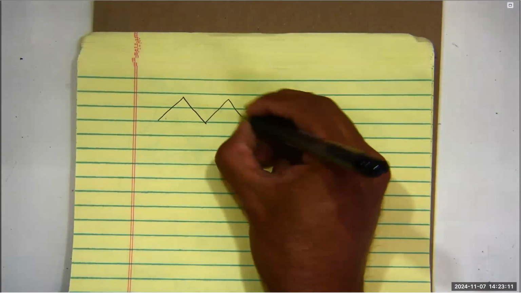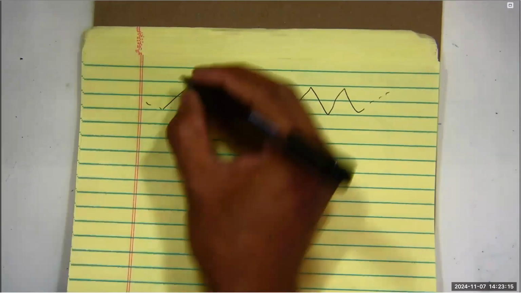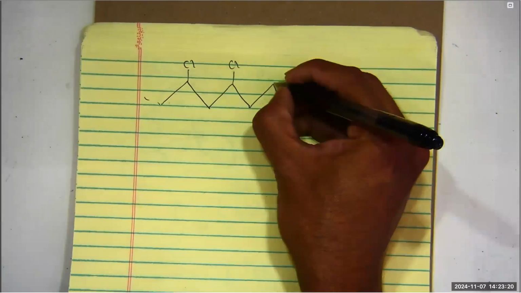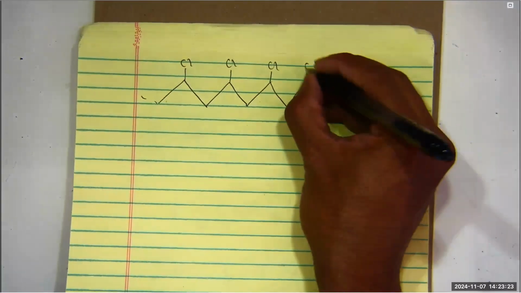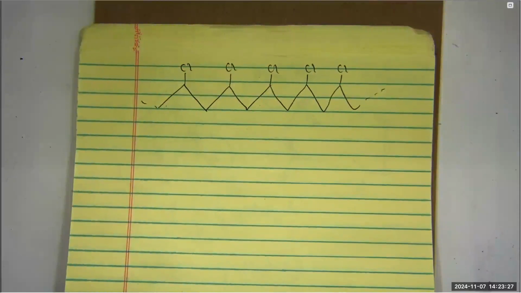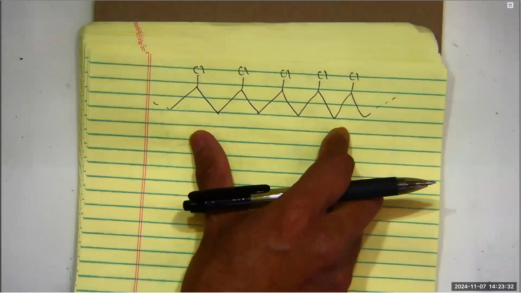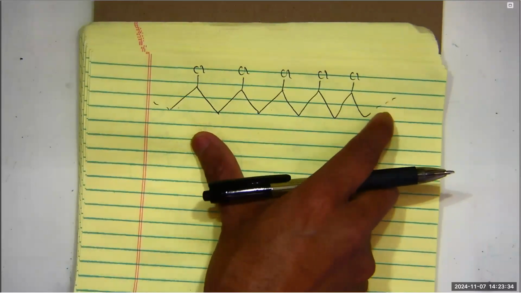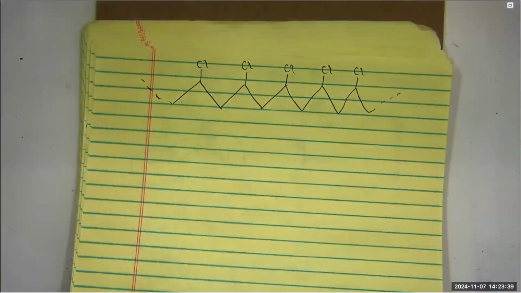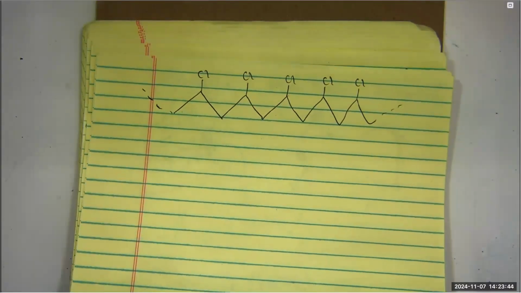Let's say that we have a chlorine sticking out from every other carbon like this. This is an example polymer. Obviously, I cannot draw the entire polymer because it is huge. As a result of that, I need to say that it is going to continue by drawing dashed lines like that. It means that it's going to continue. So this is the entire chain.